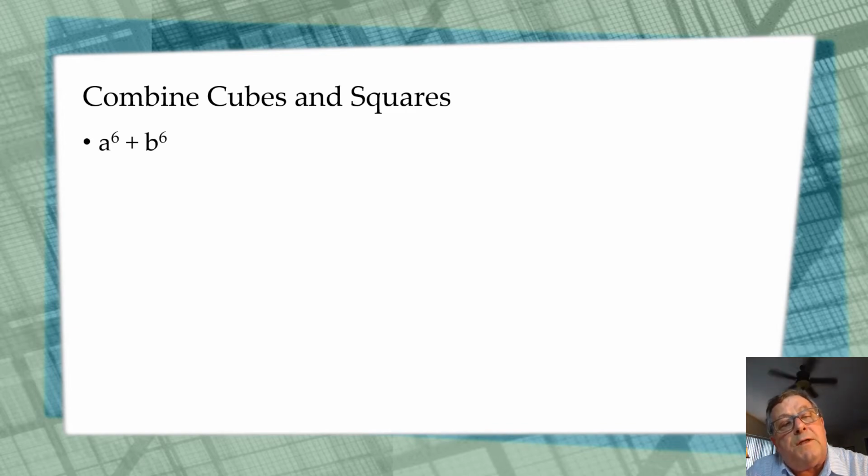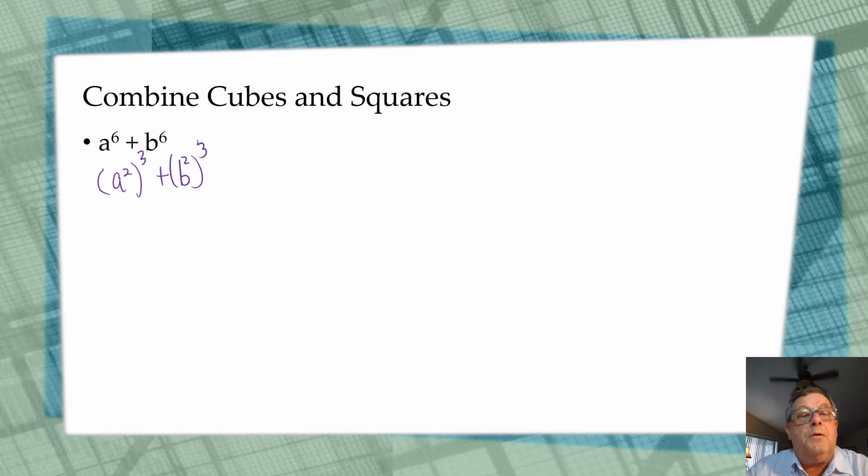So what if we rewrote this a to the 6th plus b to the 6th as a squared raised to the 3rd power plus b squared raised to the 3rd power. So a squared cubed would be a to the 6th, and b squared cubed would be b to the 6th. And now, if you think about it, I've got the sum of the cubes, except my a is really a squared and my b is really b squared.